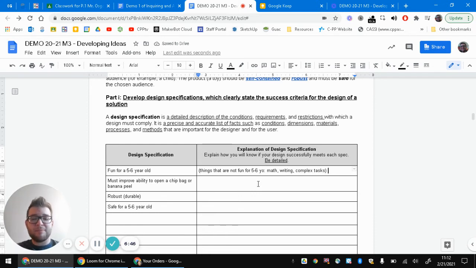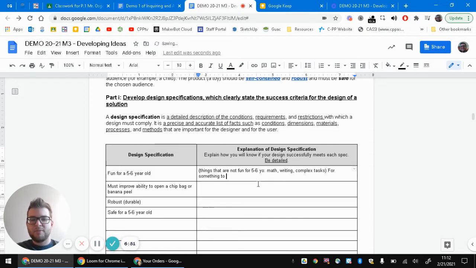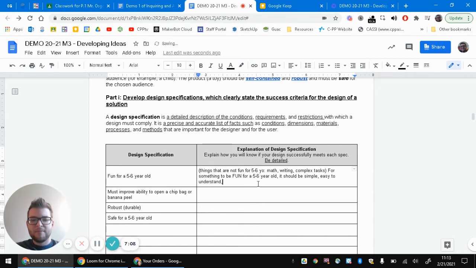So ways to make something fun for a 5 to 6 year old probably mean that, let's see, for something to be fun for a 5 to 6 year old, it should be simple. So these are things that would make it successful. Okay, it should be simple. It should be easy to understand. It should not be frustrating for them.